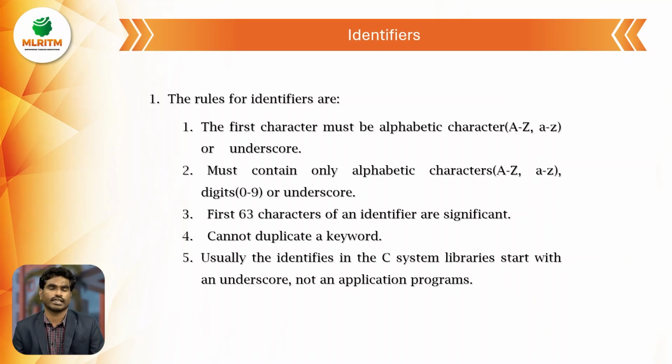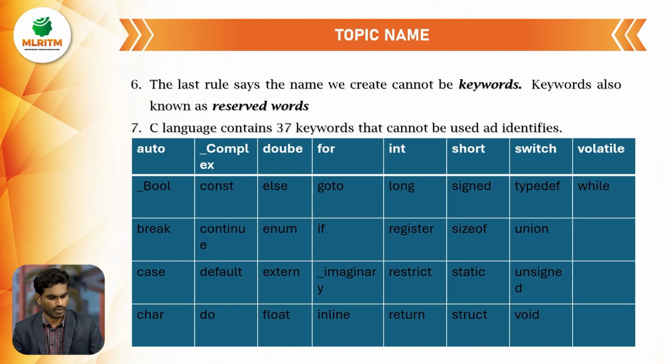Next, the first 63 characters are significant. Next, it cannot be a keyword. Usually the identifiers in the C system library start with an underscore, not an application program. The last rule says that an identifier name cannot be a keyword.